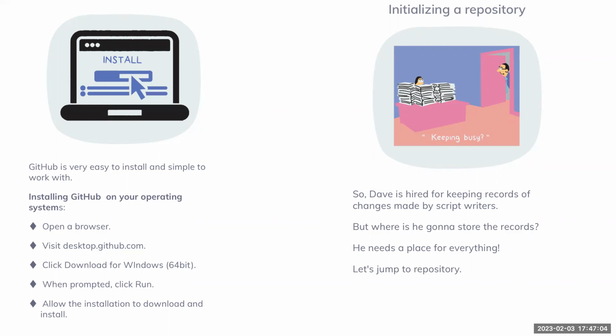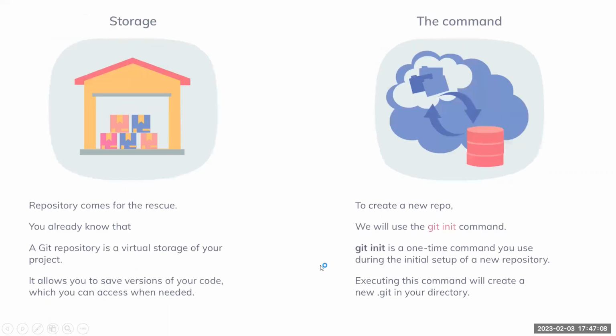A repository is nothing but a storage area, so that you can store something and utilize it whenever you want. You already know that a Git repository is a virtual storage of your project, and it allows you to save versions of your code which you can access whenever you need.